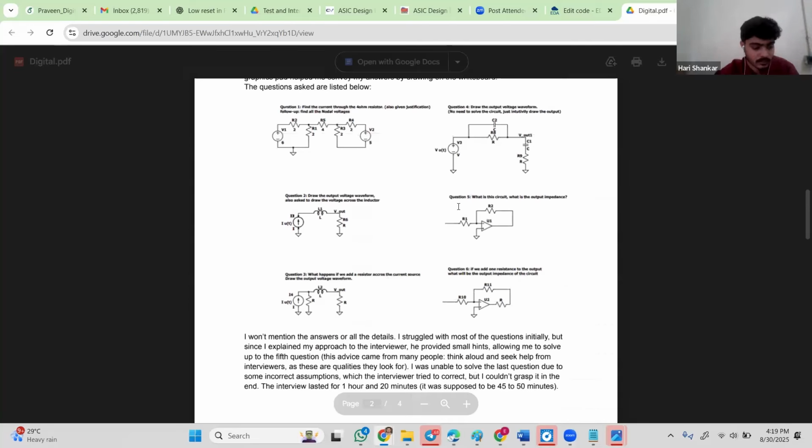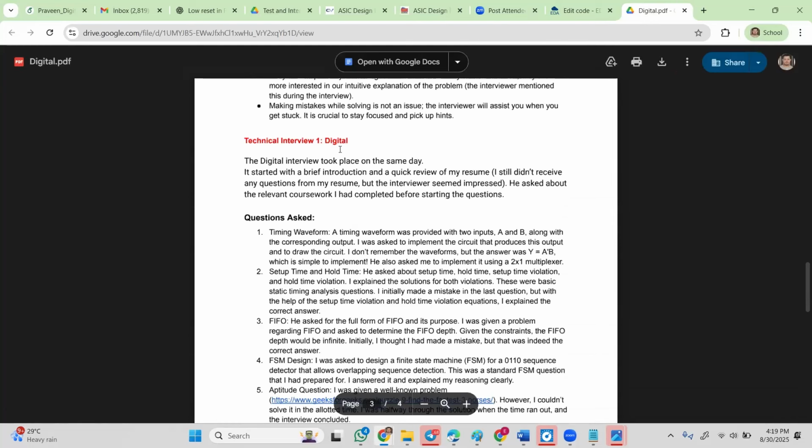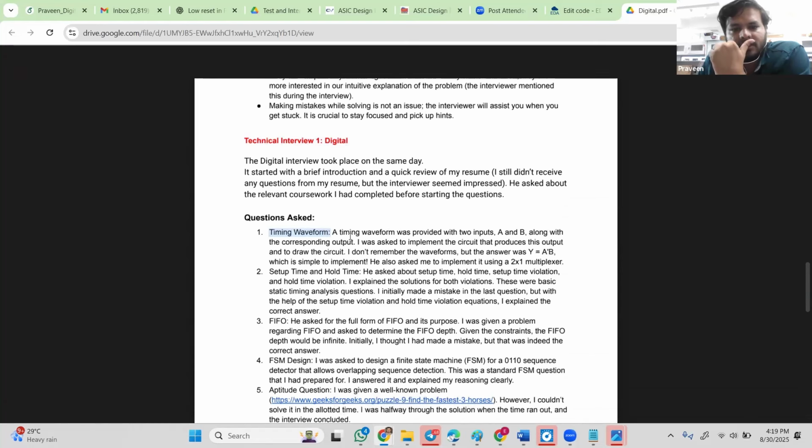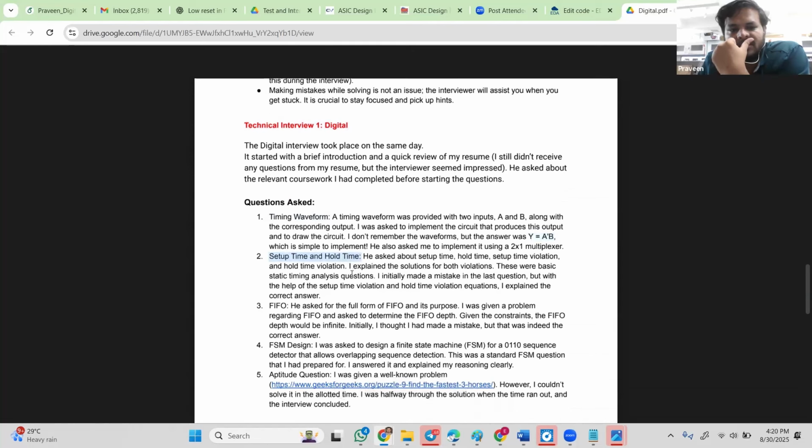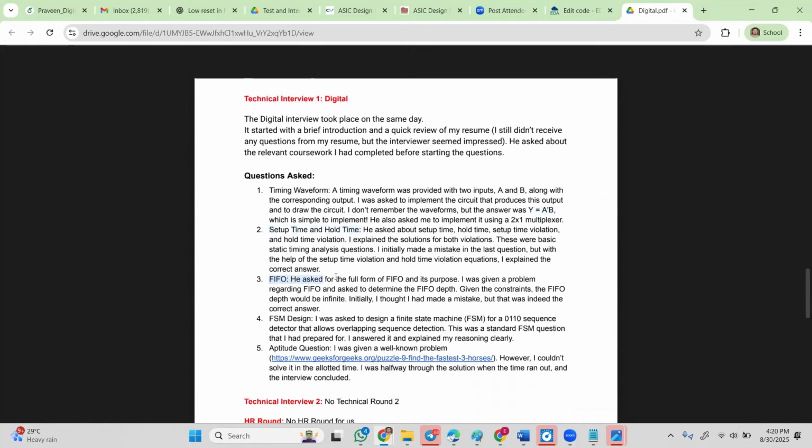Yes. For the digital role, they asked timing waveform questions. Here they gave the A bar B waveform, and the output was the A bar B circuit we made. Setup and hold time they asked. FIFO and its full form and purpose.